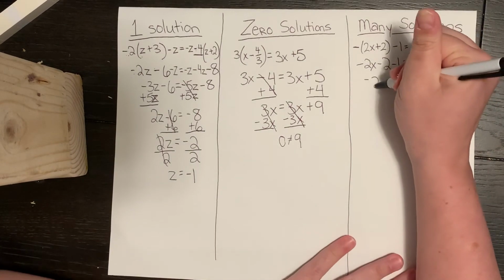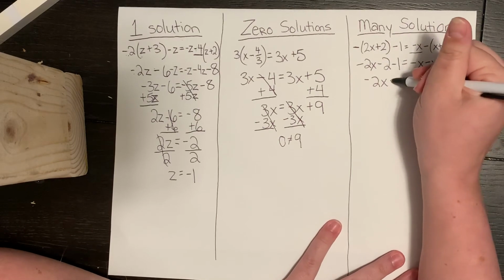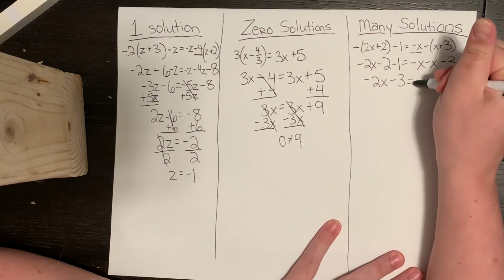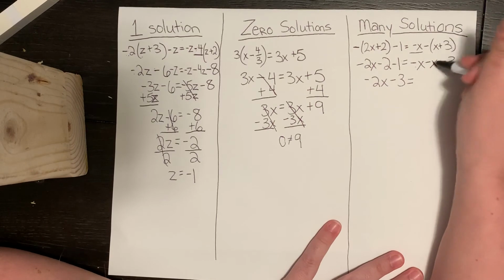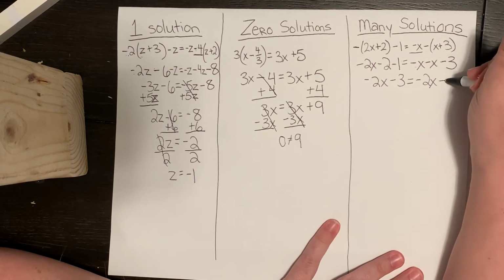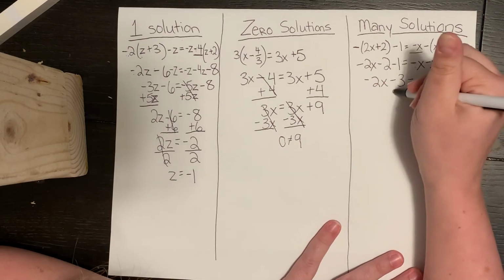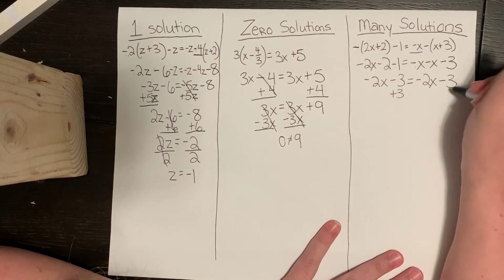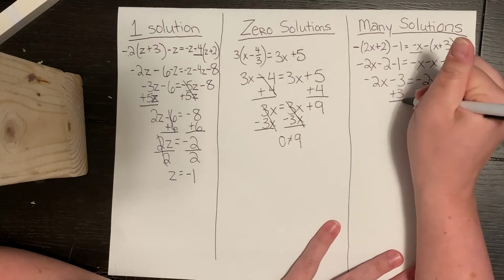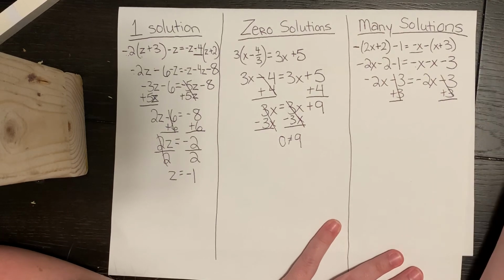I'm going to go ahead and combine like terms. That's negative 2 minus 1 is negative 3. Negative 2x minus 3. I will go ahead and add my 3 to both sides. It cancels out.